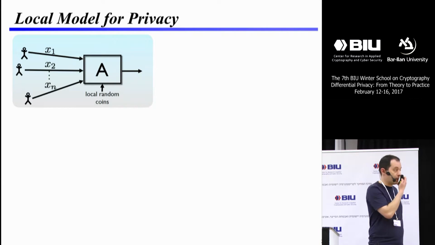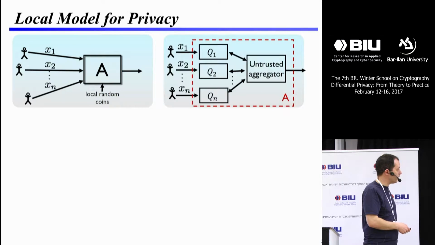Okay, in the local model, we have a very different picture. In the local model, it's a special case of this original picture where the algorithm that is processing the data has the following additional structure, which is that each person is feeding their data point into some sort of little algorithm that's doing the randomization for that person, and that's talking to some centralized aggregator.